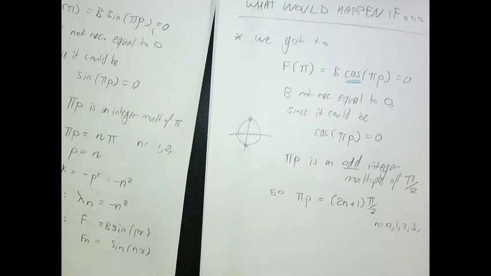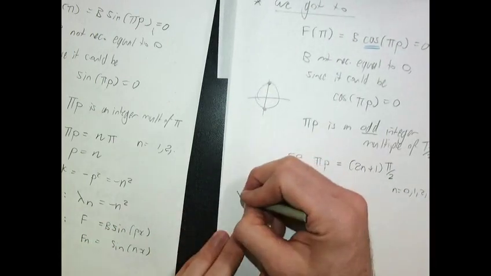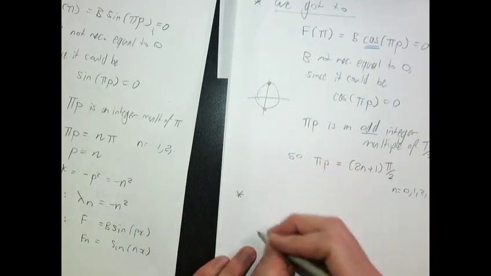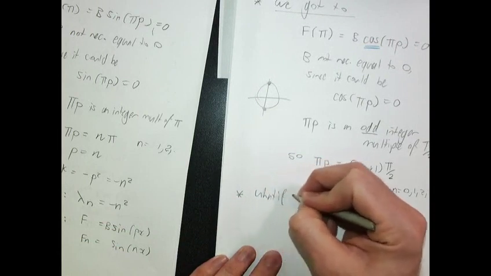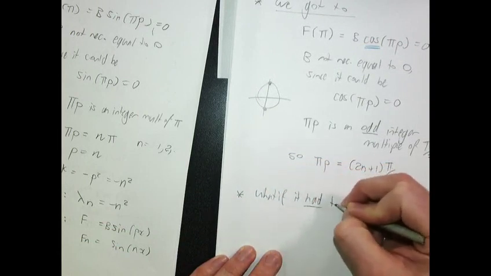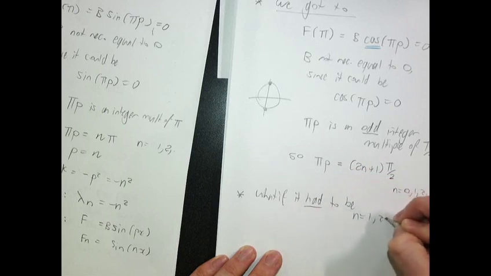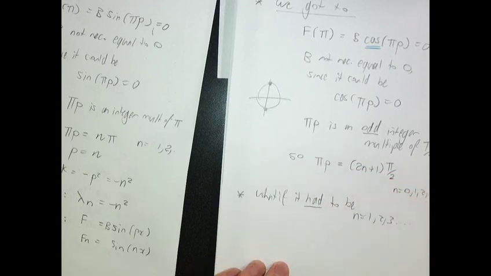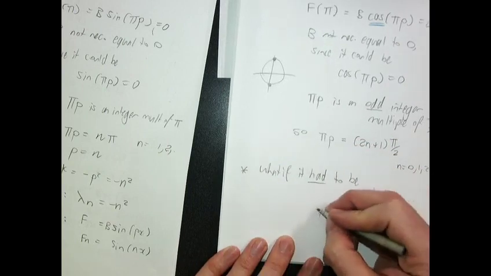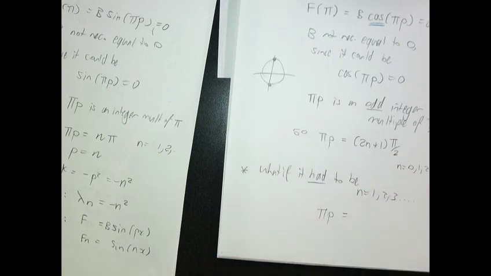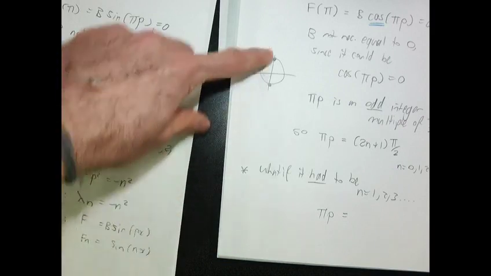Yes? So if you're given a question where n has to be starting at 1, would you do 2n minus 1? Yes, and I will write that down. So what if it had to be n equals 1, 2, 3, etc.? Well, in that case, 2n plus 1 wouldn't work, because when I put 1 into it, the first multiple would be 3 pi on 2, and I've missed the first one.